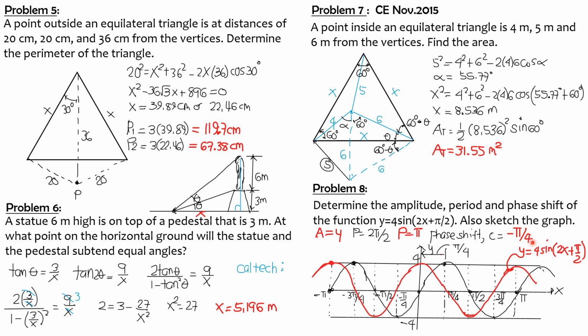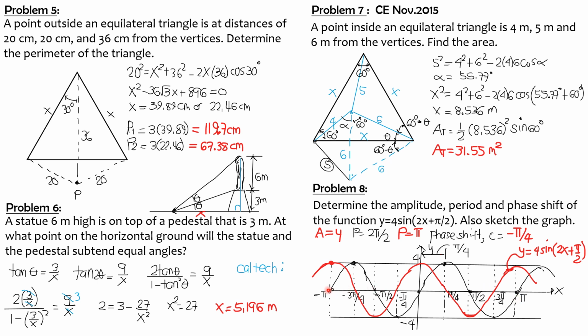Then the sketch of the graph, because the period is pi, we divide this by 4, and remember the graph of y equals sine x, so that we just directly draw the graph. So pi divided by 2, pi over 2, then pi over 2 divided by 2, pi over 4, 3 pi over 4 in between pi over 2 and pi.